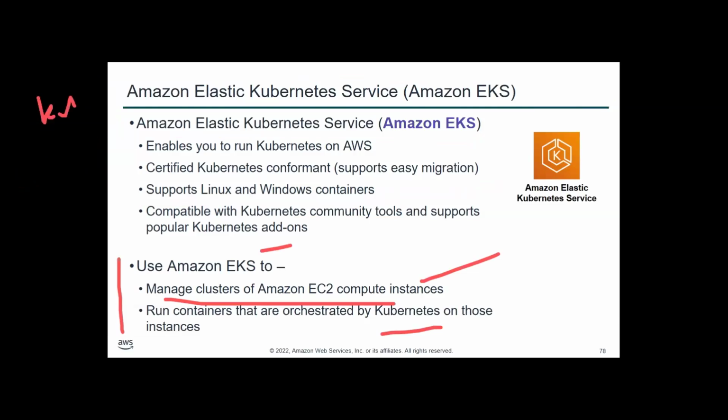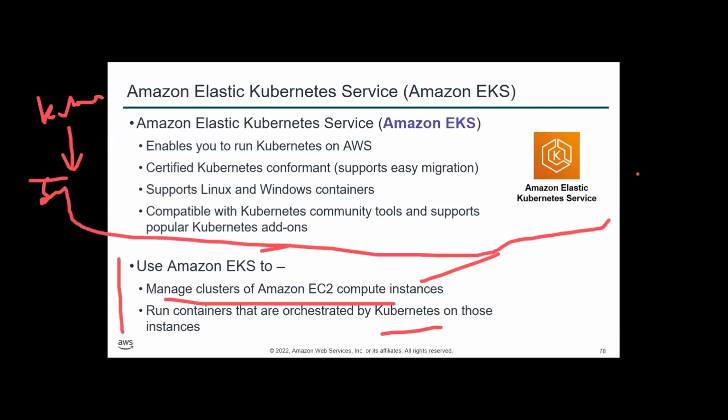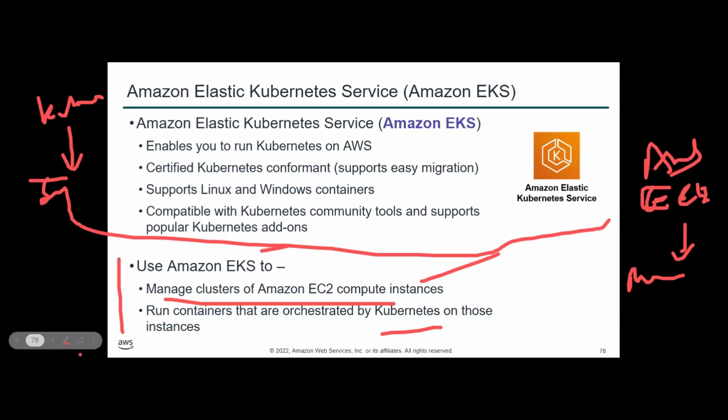Somebody has already developed a project and it is already running on a server. Now we move everything to Amazon AWS EC2, and there we can run it. For that purpose, they have created EKS. This is also one of these services.